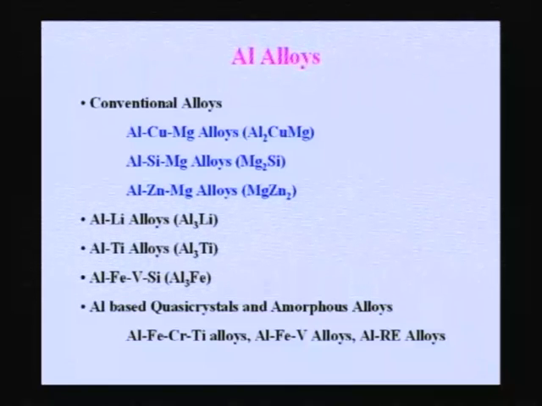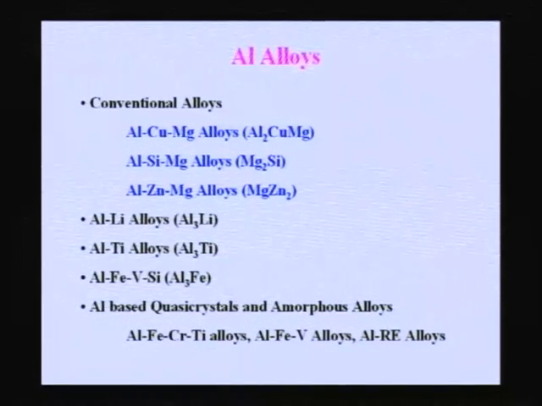Particularly in aerospace industries, everybody wants as low a density as possible, because you want light alloys and at the same time strong alloys. That is where lithium has another advantage: lithium is also known to improve the Young's modulus of aluminum alloys. In fact, lithium is one of those few elements which dramatically increase the Young's modulus of aluminum.